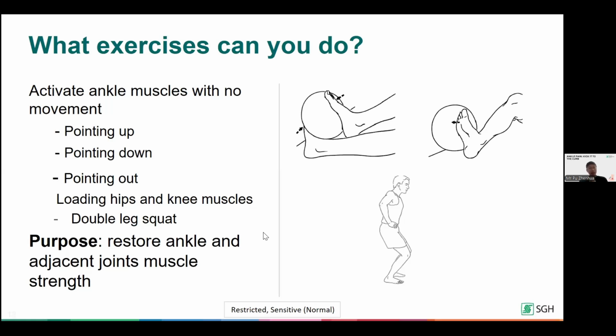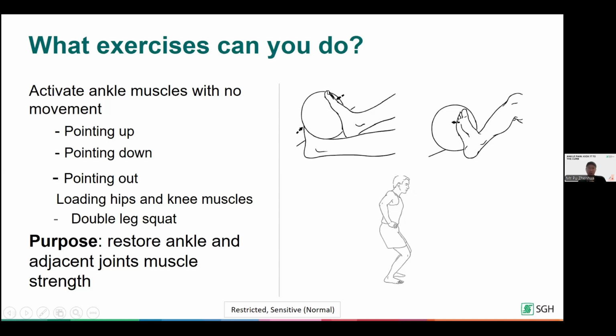Once the pain and the swelling settle down, or even when the pain and the swelling are getting a little bit better, you can start activating the ankle muscle already. Looking at the diagram on the right side, the first diagram is pointing the toe or the ankle towards yourself, blocked by the ball. The other direction is pointing downward, whereby the toe and the foot point downward and are blocked by the ball.